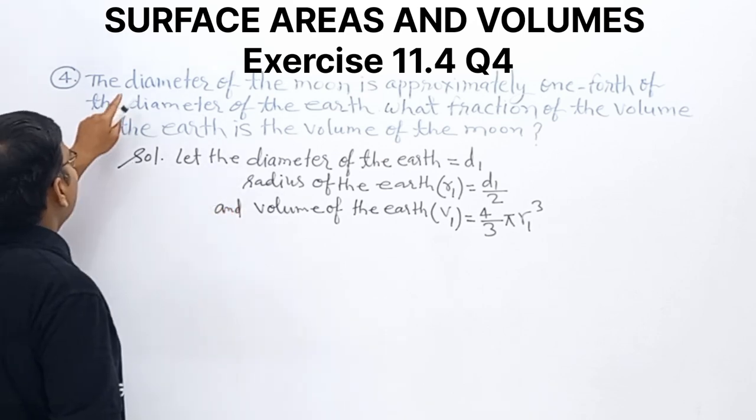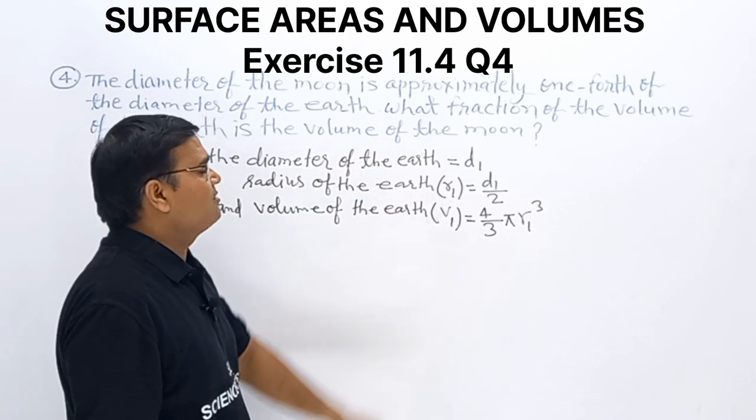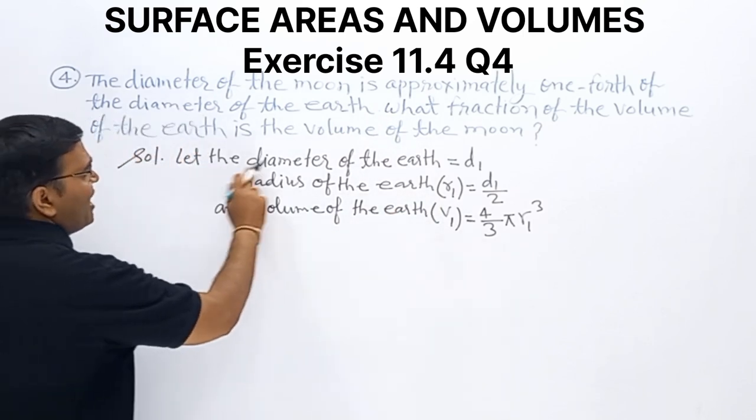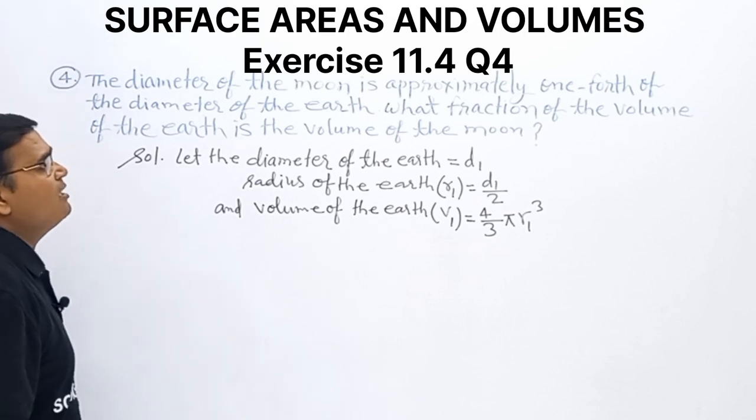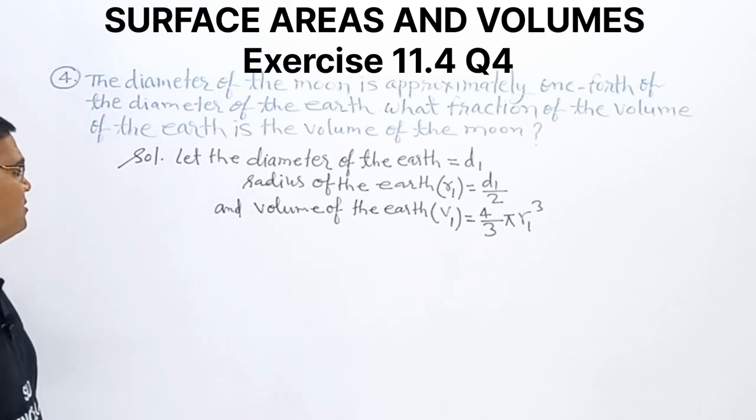Now in the question, we assume the diameter of the earth is d1, then the diameter of the moon is approximately 1/4 of the diameter of the earth.